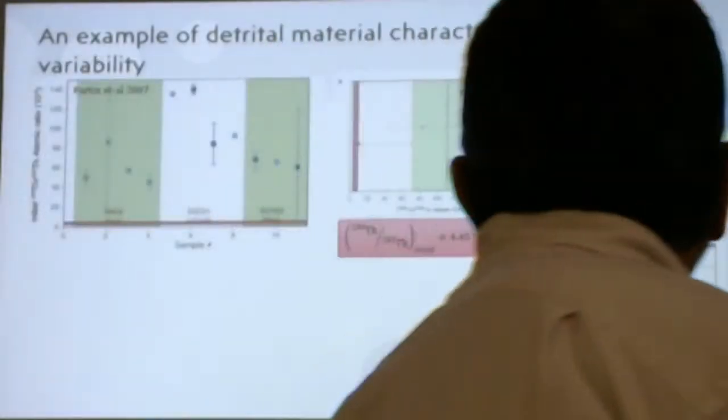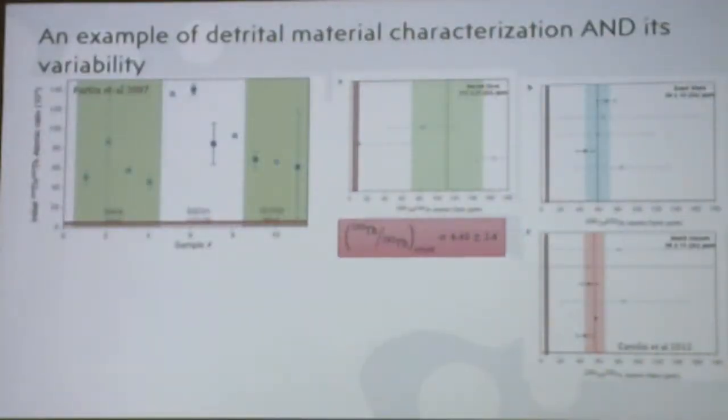Actually, sorry, this value here is not correct, but this value is correct. Oh no, sorry, this value is in ppm too. Yeah, so as you can see, the isotope composition of the detrital thorium is very different from what you can obtain from the crust. And why do they go through all the effort?